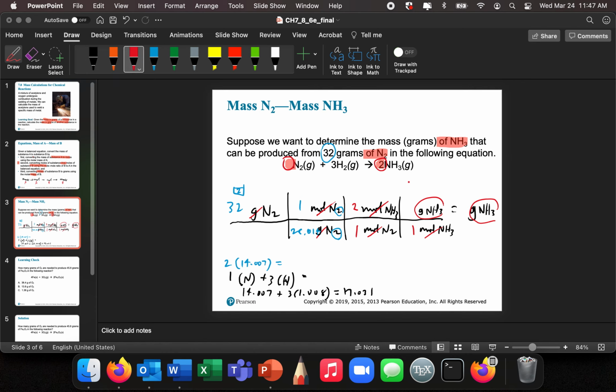Put that in here, I'll put it in blue. 17.031 grams for every 1 mole. All right, so let's calculate this out and we will be done.